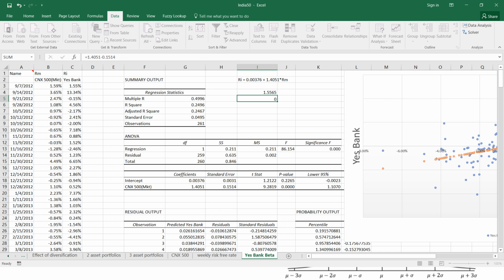So although you got a beta of 1.405, this is the estimated beta, you are 68% confident that your beta lies between this range.